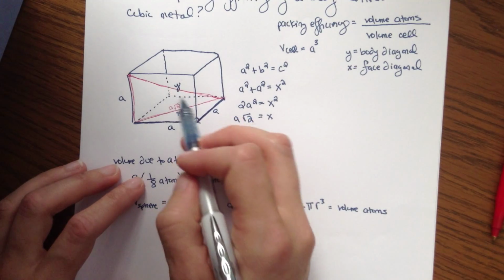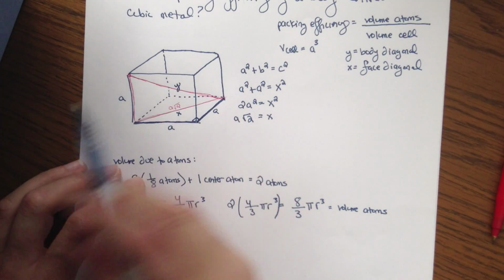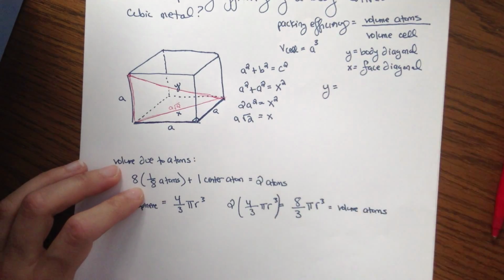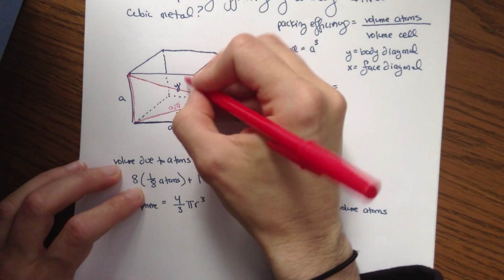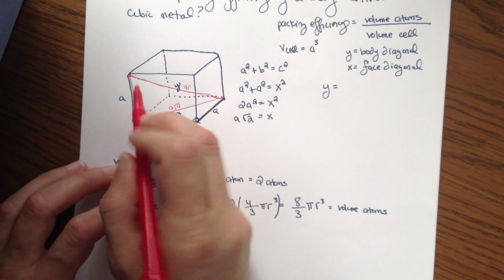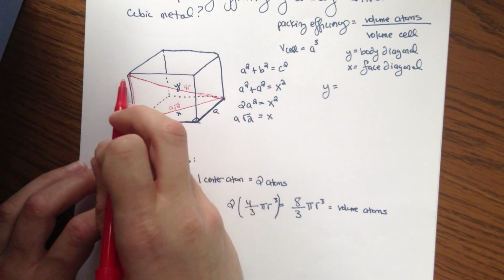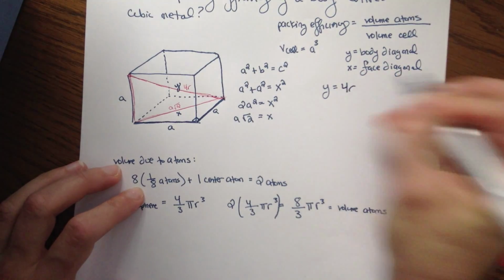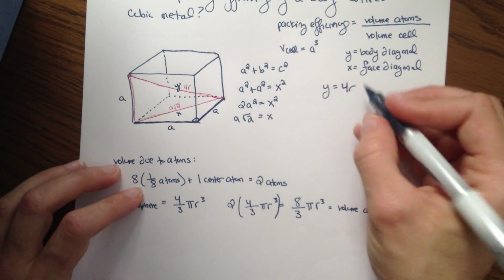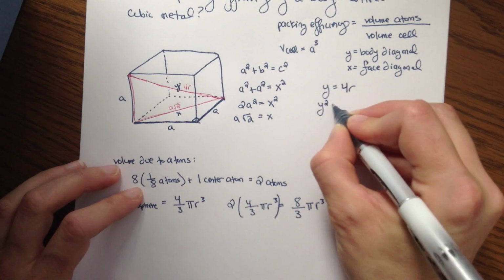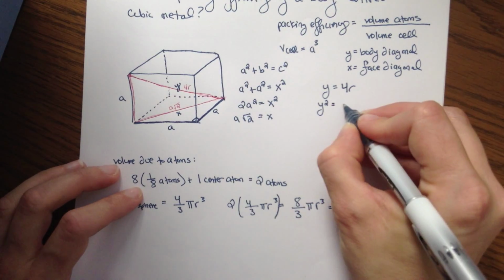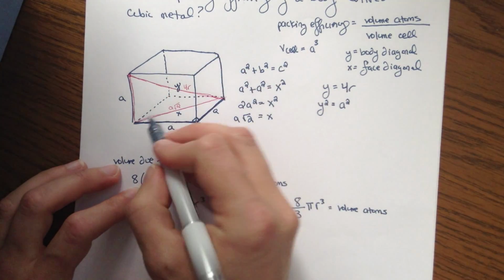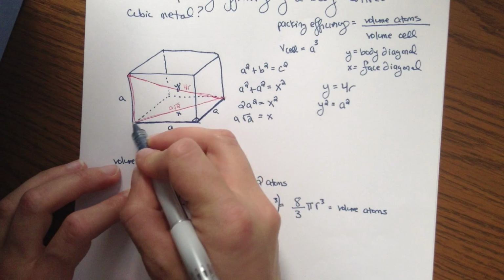Let's see if we can work a little bit with y. y, as we know, can also be written as 4r because this line is passing through all of the atomic radii. So we can say y equals 4r. We can also use the Pythagorean Theorem to say that y squared equals a squared, that's this line right here, plus the square of this side.